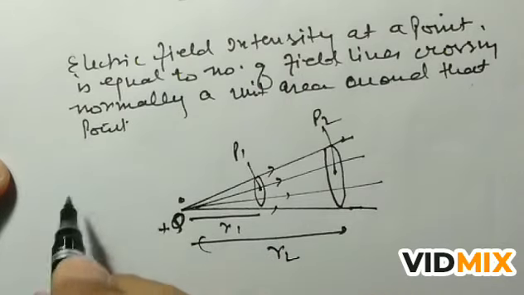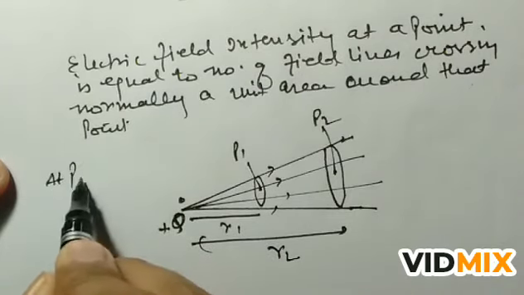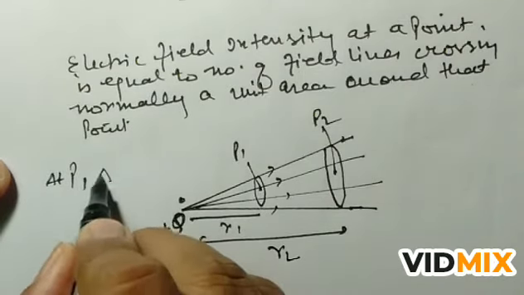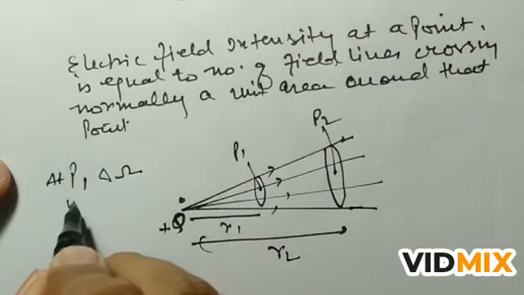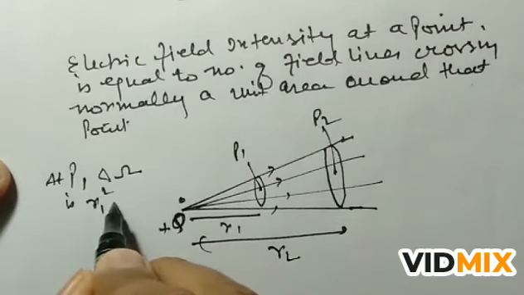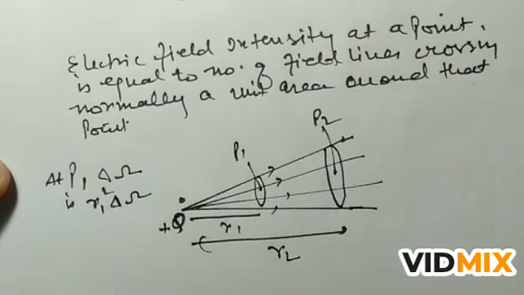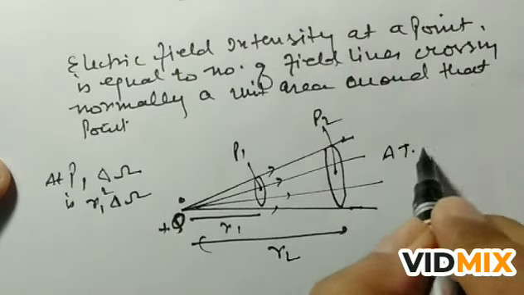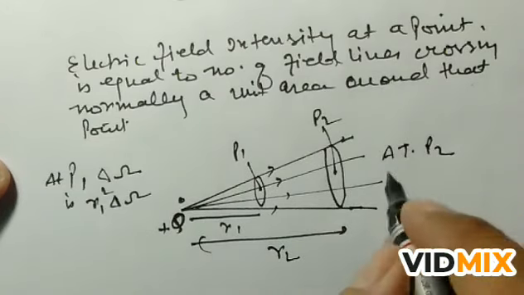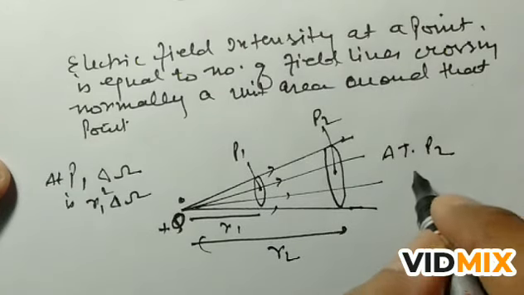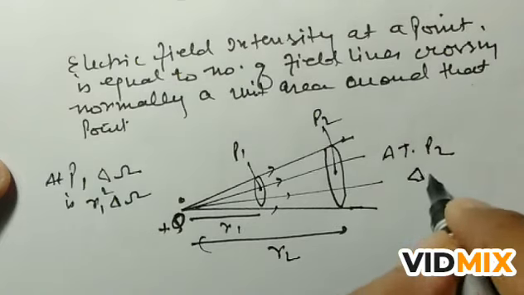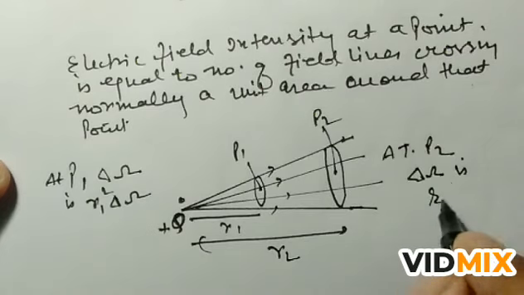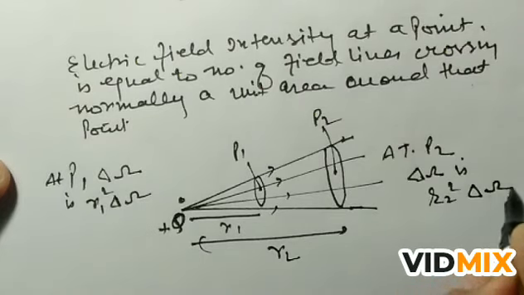So at P1, the area subtended by solid angle delta omega is R1 square delta omega, and at P2, the area subtended by solid angle delta omega is R2 square delta omega.